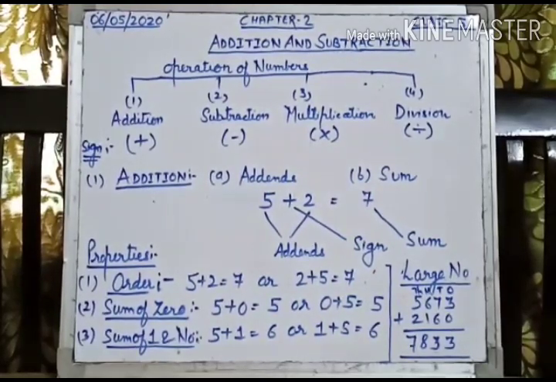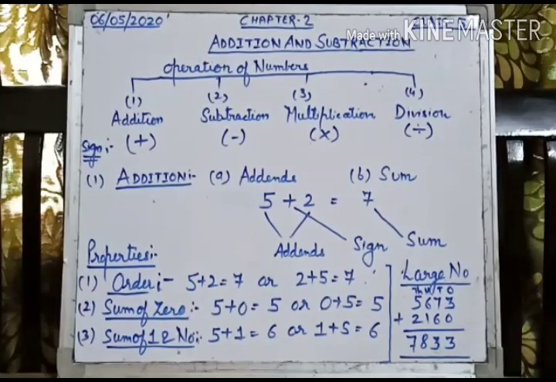Now the third and last property of addition is the sum of 1 and a number. If you are adding 1 to any number, what will be the sum? Suppose it is a small number, 5 plus 1. The sum will be the number after that number.